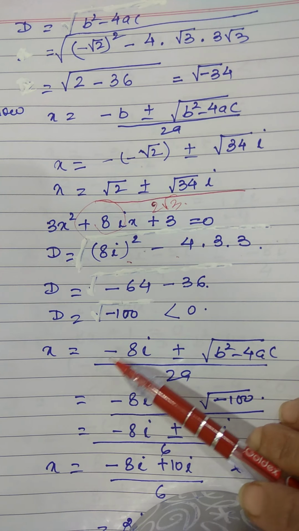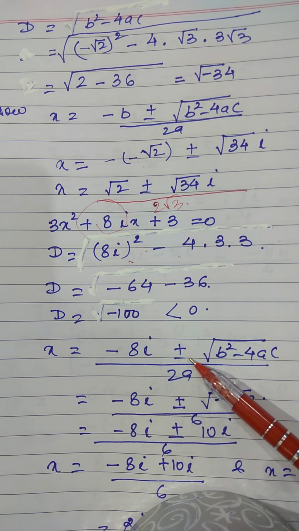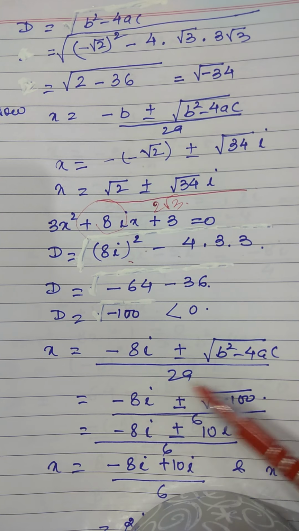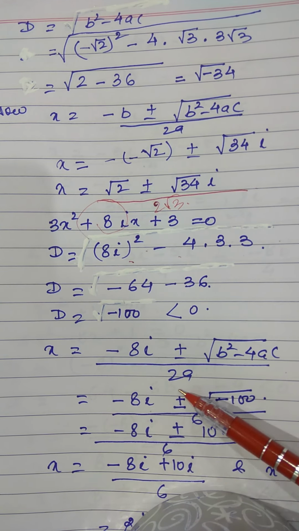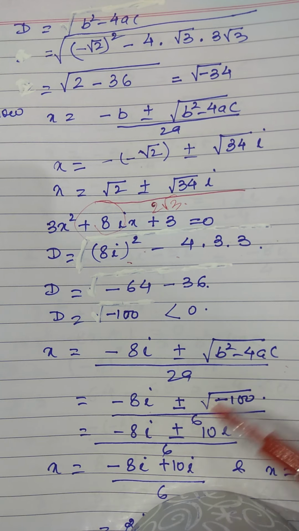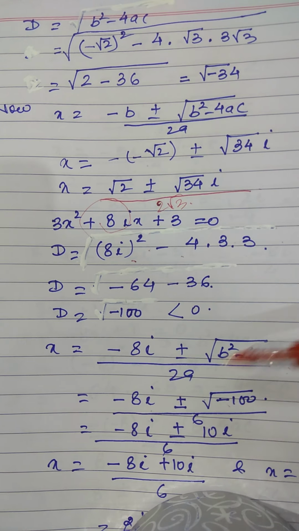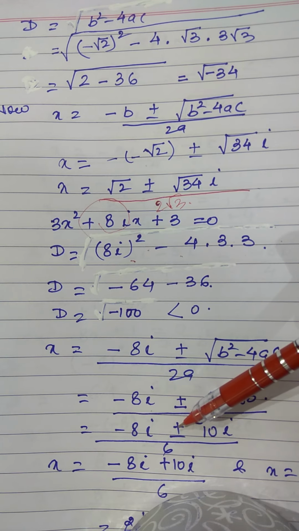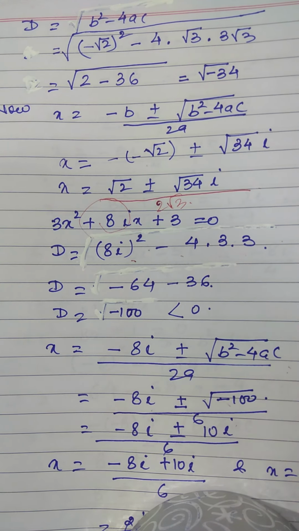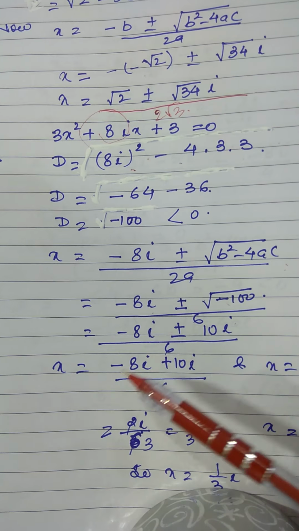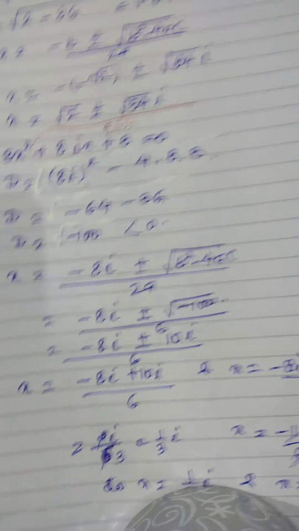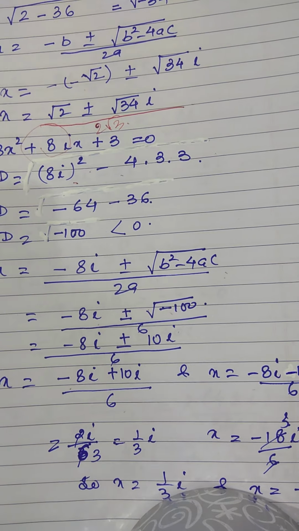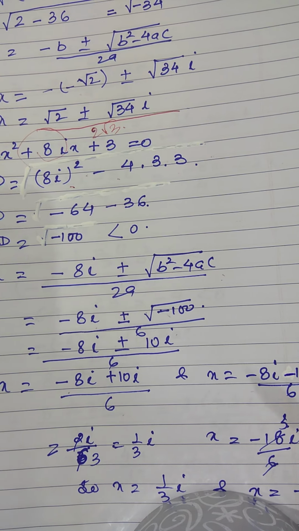So x is minus 8 iota plus minus root b square minus 4ac upon 2a. So minus 8 iota plus minus root minus 100 upon 6. Minus 8 iota plus minus 10 iota upon 6. So this is minus 8 iota plus 10 iota upon 6 and minus 8 iota minus 10 iota upon 6.